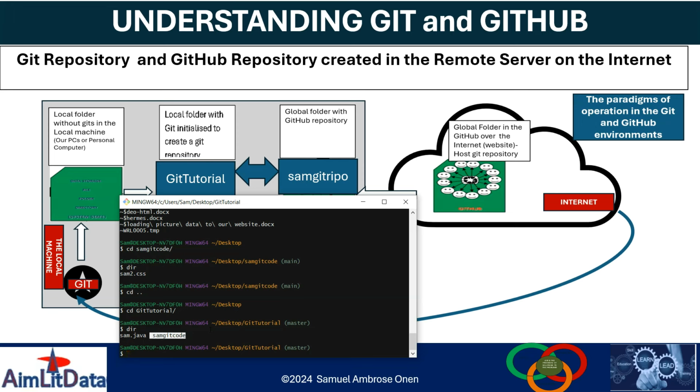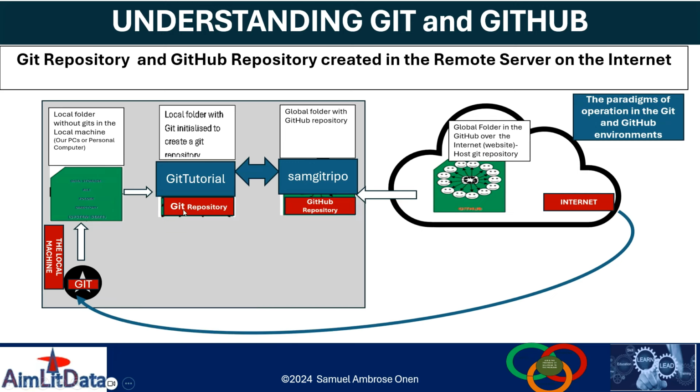But you don't have to do that in practice, because that same Git code is the cloned repository from the GitHub repository. So our cloned GitHub repository is there, and we are also linked to the GitHub repository directly from the local Git repository. So Git tutorial is linked to Sam Git code, and then Git code is also sitting on this machine. So my friend, that's what we have done so far.